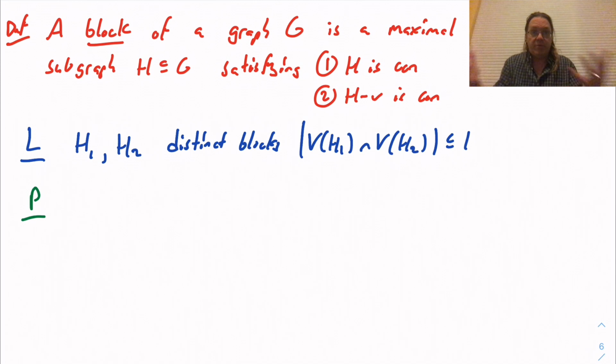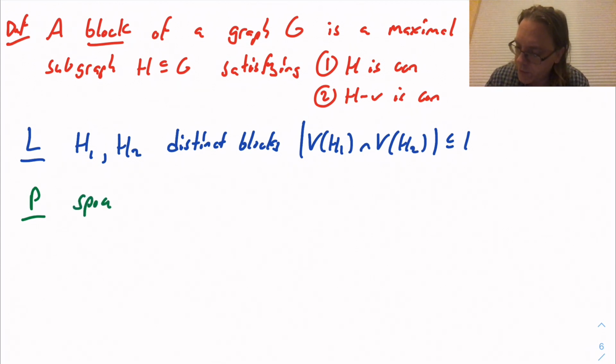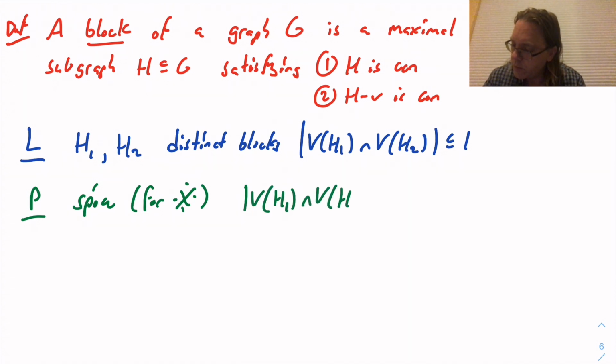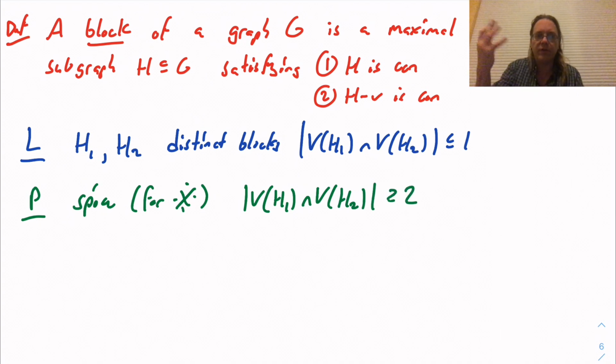I suppose for a contradiction that there are two distinct blocks that overlap in at least two vertices. I can draw it. So let's suppose for a contradiction that that doesn't happen, that there are at least two vertices in H1 and H2. And what's our contradiction going to be?